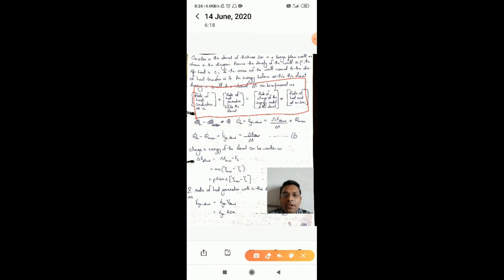So again I am repeating: when you are deriving the heat transfer in one dimensional coordinates in a cylinder and sphere, this is the very first equation you are going to write down, and the only change you will see is the area. So remember this, and now I will derive the second equation, that is, heat transfer in one dimensional coordinates for a cylinder.